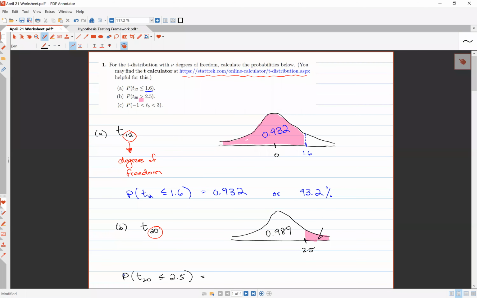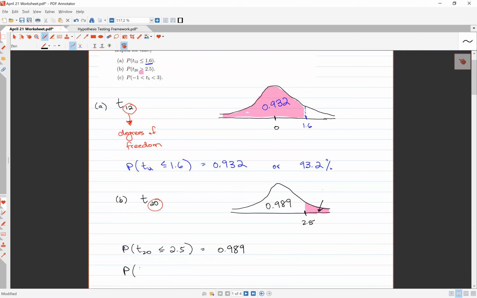So how much is left on the other side? Well, in total, we have 100%, whereas a proportion, it's 1. But what I want is the probability of exceeding 2.5, the shaded region. Since the two sides of the bell curve have to add up to 1, I can just take 1 and subtract out this number.